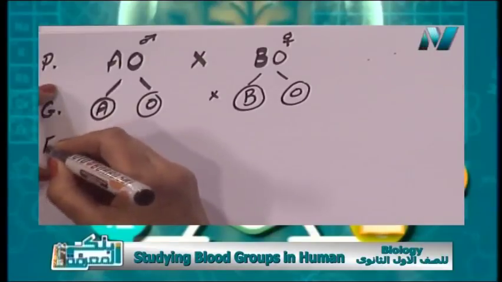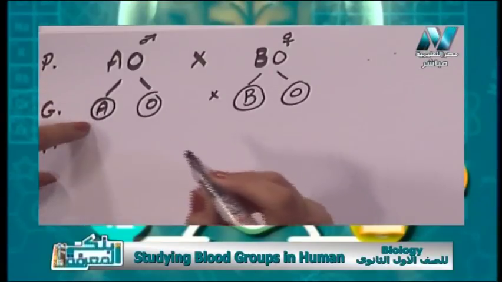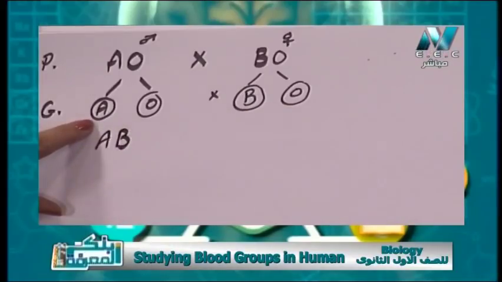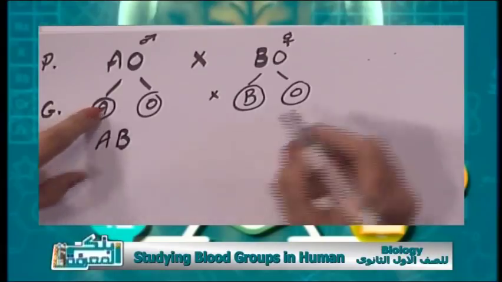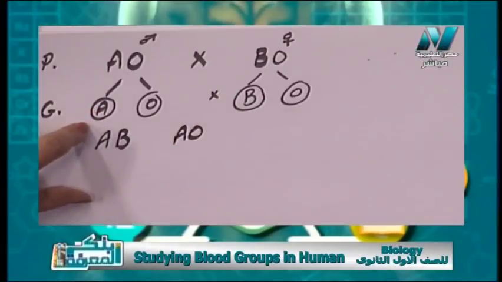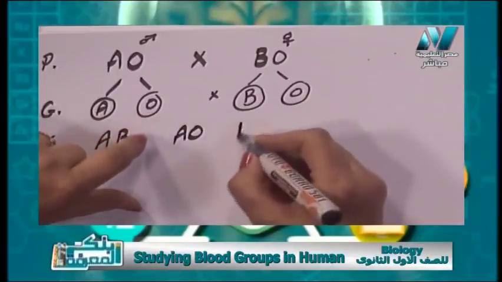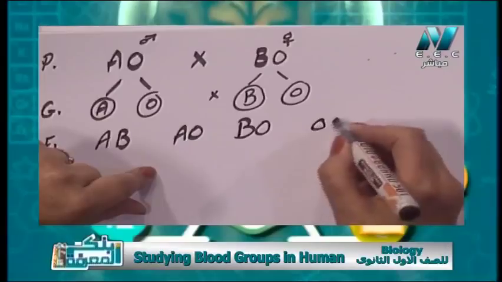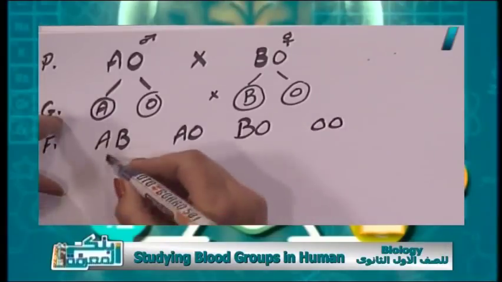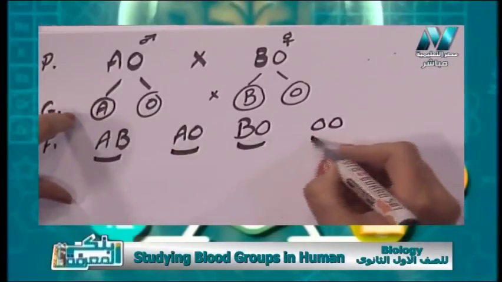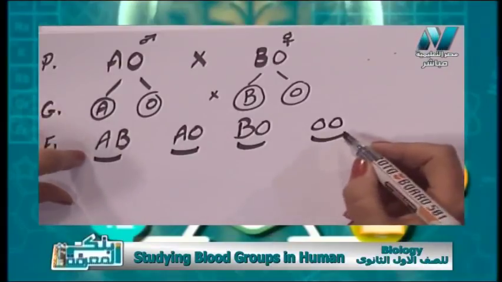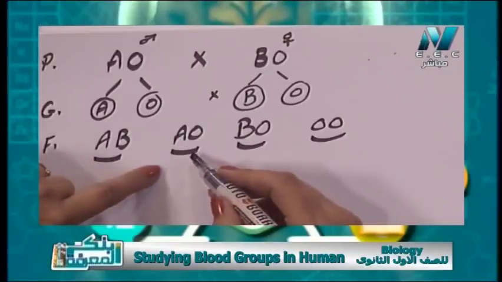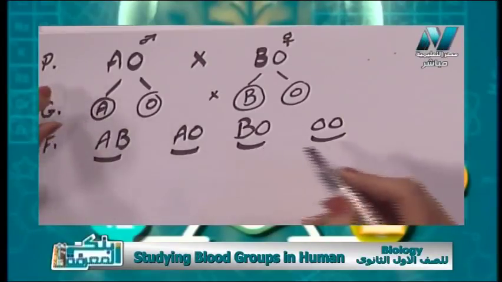The expected children could be AB or AO or BO or OO. So we will have four expected genotypes for their children: AB, AO, BO, and OO.